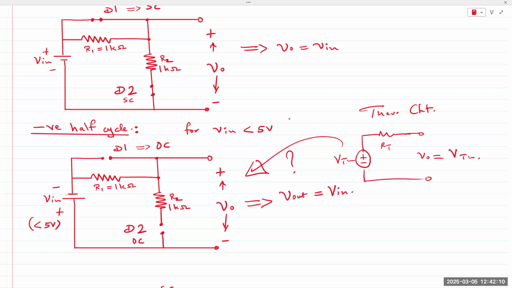V out is equal to V in. Let's take a pause while you think over that. Let me know if something doesn't make sense.